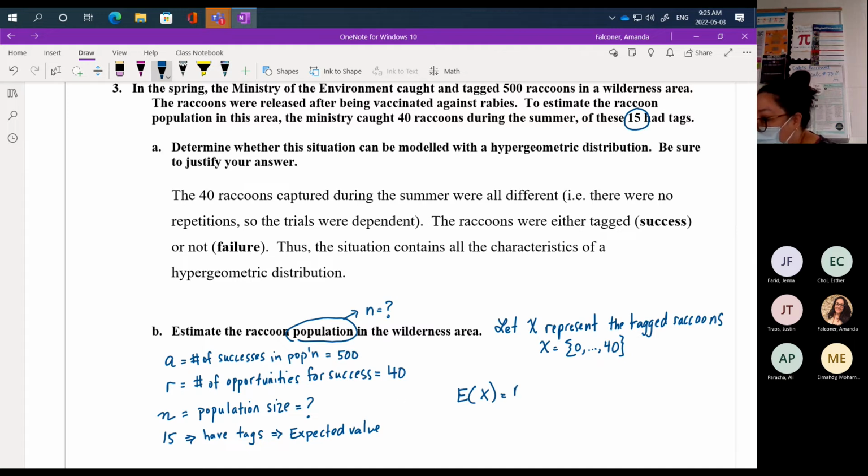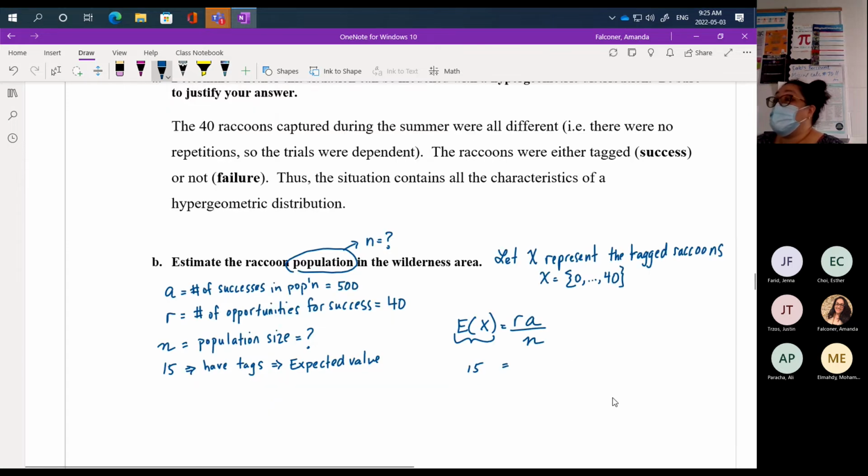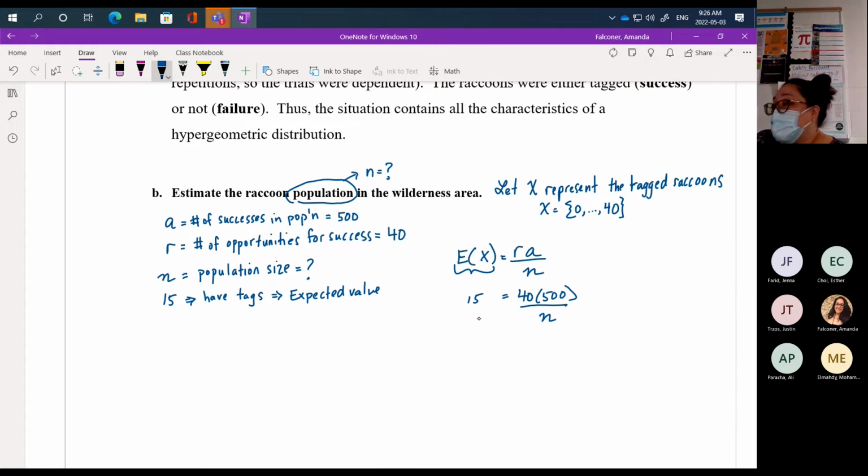So I'm going to write down our expected value formula, and I'm going to put 15 into this overall average. That's the number of raccoons, right? Expected value is not a probability. It's in the unit of the original observation that we're making, number of raccoons. R is 40, we said, A is 500, and N we don't know. Population size is what we're trying to come up with.